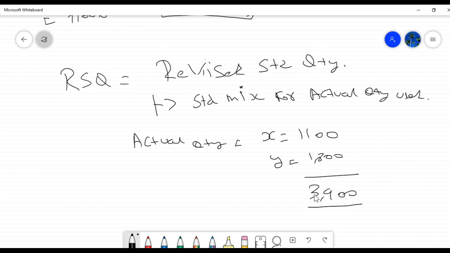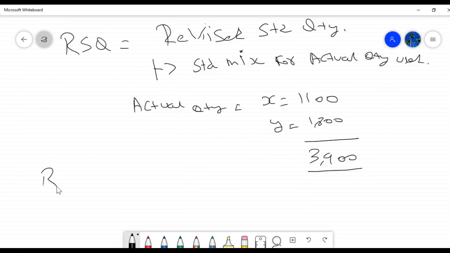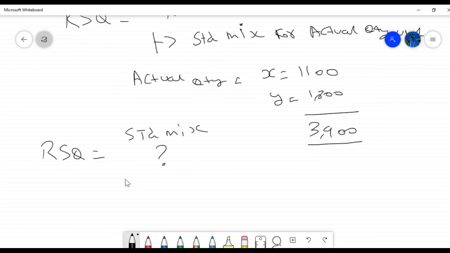Then what is revised standard quantity, sir? How to identify that? Revised standard quantity, as I said, is standard mix for actual quantity used. What is your standard mix then? X how much did you identify? 1000 kg. Y how much? 2000 kg.